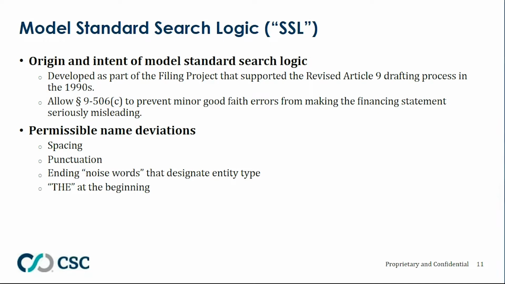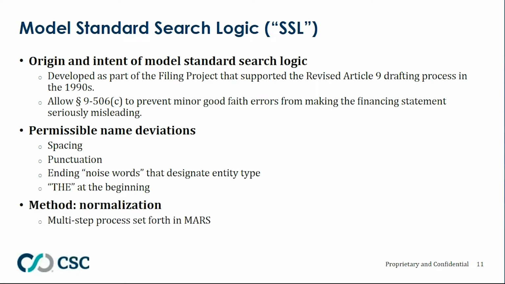And as I said, it does this through a normalization process. It's actually a multi-step process which is set forth in the model administrative rules maintained by IACA and adopted by the vast majority of states. Now I'll demonstrate how this works.